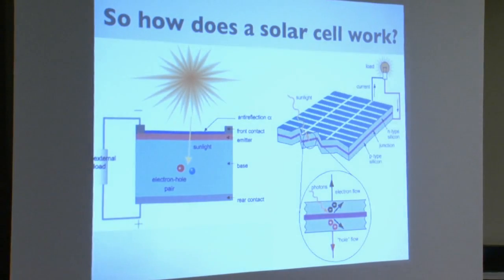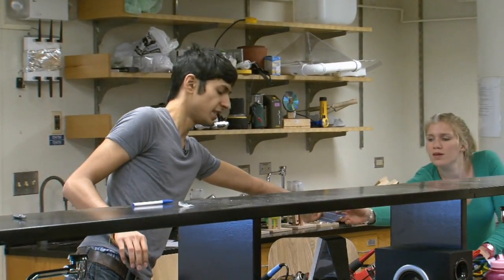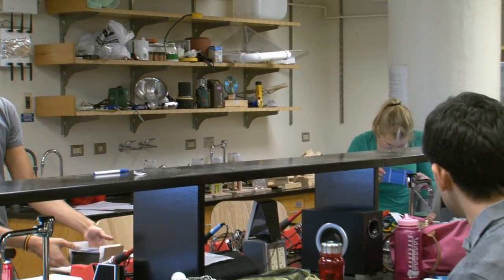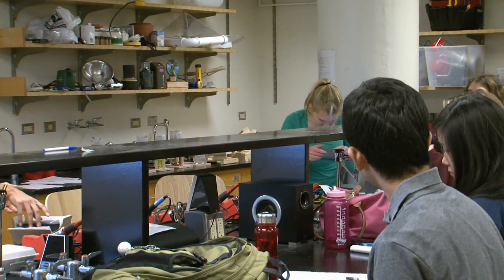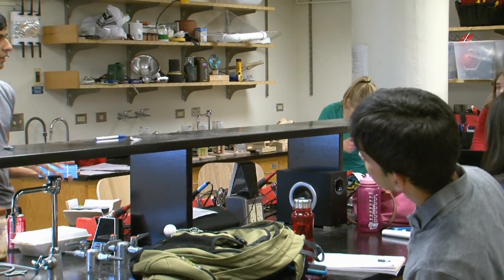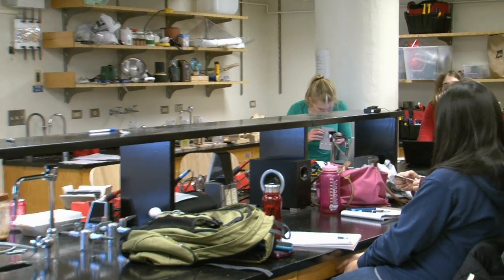If you haven't seen one before, they're super fragile. We can pass them around. These are broken ones. Evergreen Solar was kind enough to donate 200 of these to us for this lab and for our projects. So we'll be playing with them and wiring them up today.